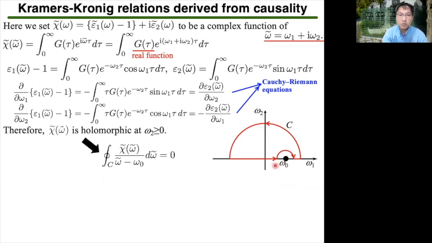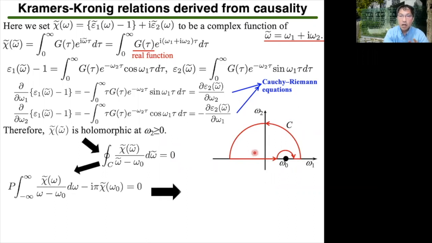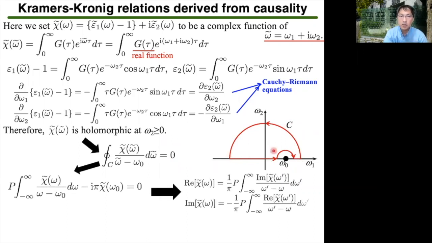Since this function is holomorphic on the boundary and inside the integral path C, the integral becomes 0. Furthermore, the integral along the large half circle with radius of infinity also becomes 0. Then we get this relation.